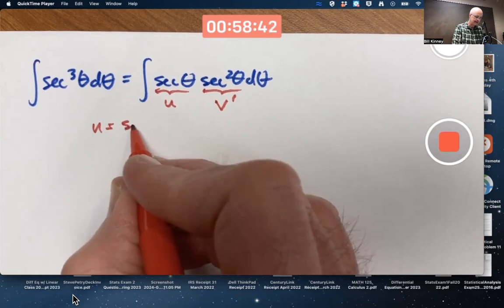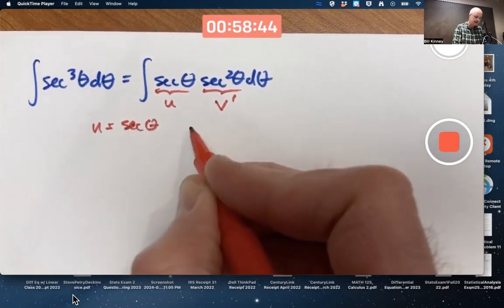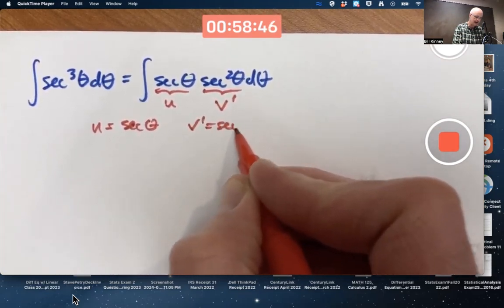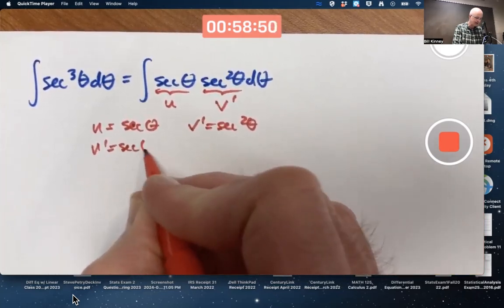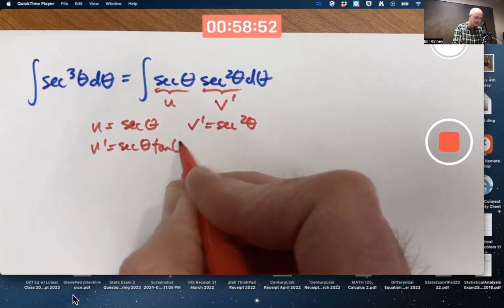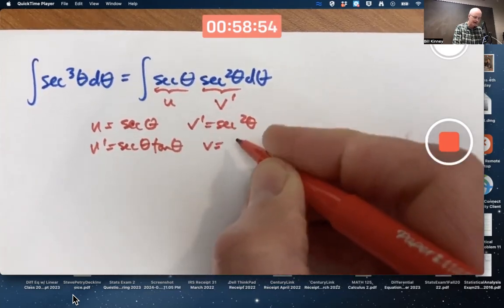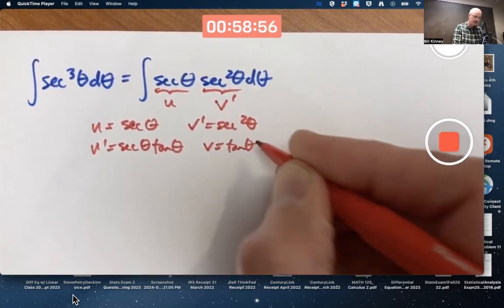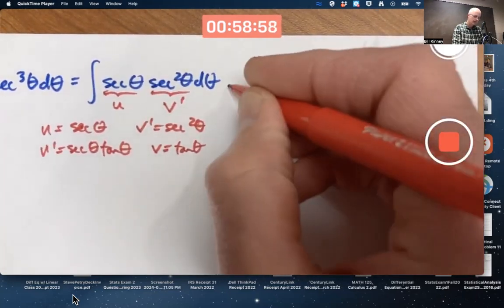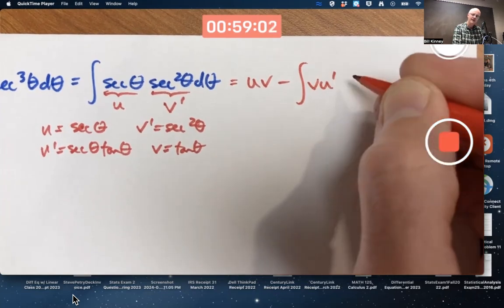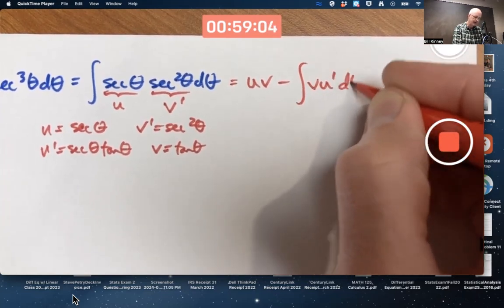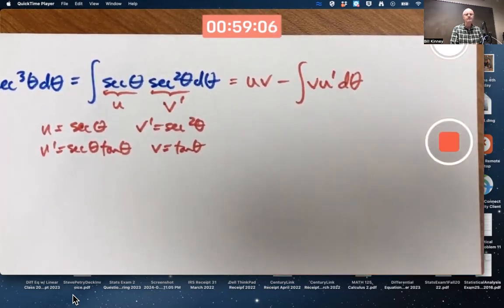So u is going to be secant theta. V prime is going to be secant squared theta. U prime, oh, that's worse, is secant theta tangent theta. V, though, is doable. That's tangent theta. uv minus the integral of v u prime. Here with the variables theta, so I'll write a d theta.